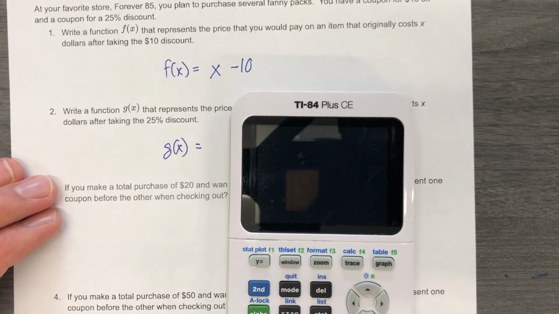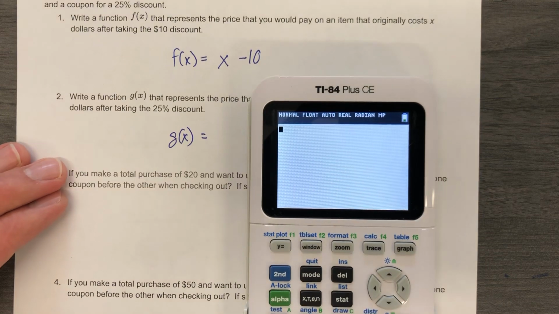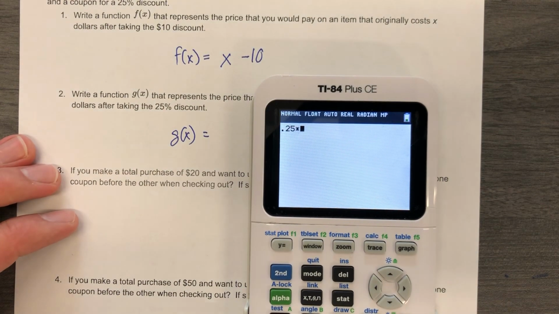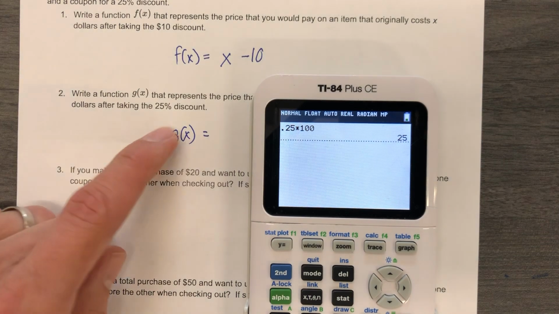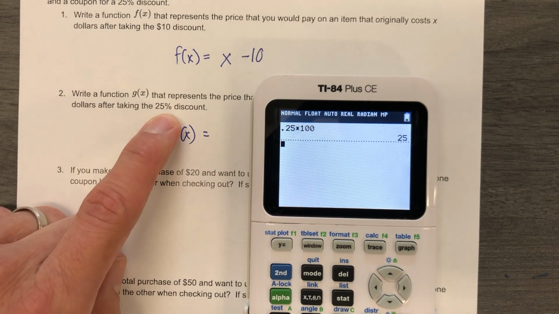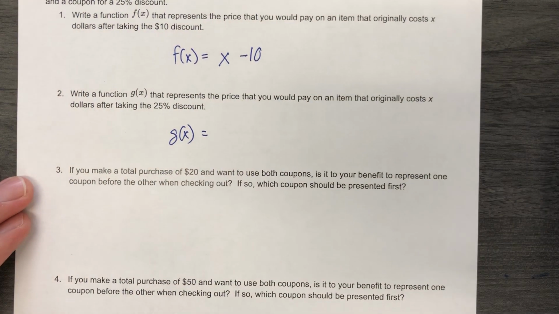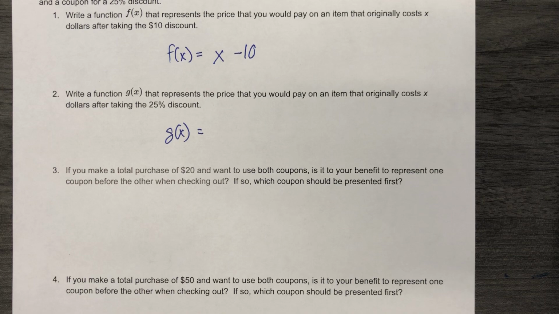Let's suppose you're going to buy $100 worth of fanny packs. Okay, 0.25 times 100 means you're going to pay $25, right? I mean, you didn't have to type that, but you had a visual for it now, right? So you're going to pay $25 when you have a 25% discount. So if it's a 25% discount, you're not going to pay 25%.